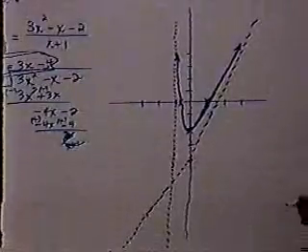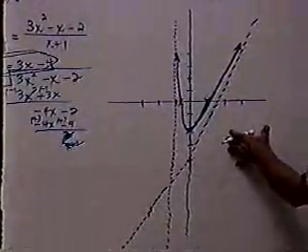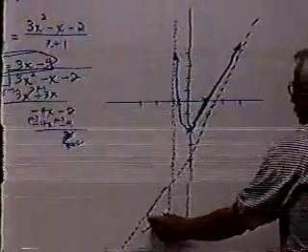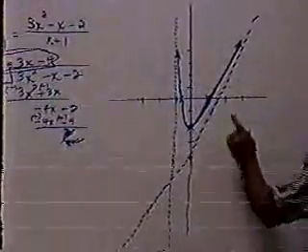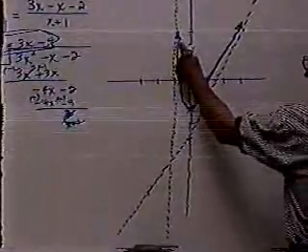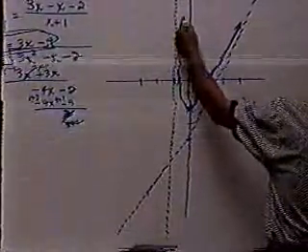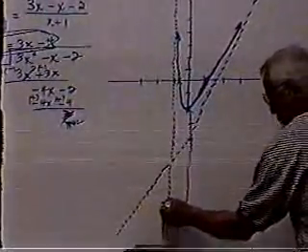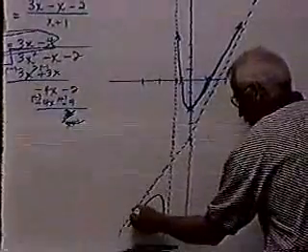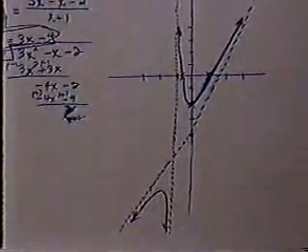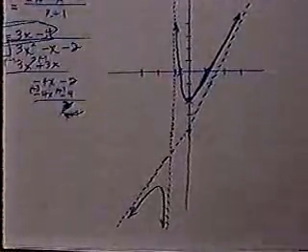But see, what happens is if you put that on your calculator and use the normal windows, you won't see this down here. There's another part of the graph down here, because look what happens. This vertical asymptote is 1 time. So if on this side it's going up the top, down here it's got to be coming from the bottom. And so you get a curve at the bottom like that.